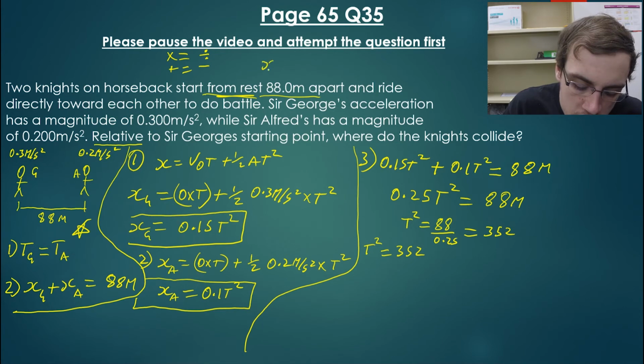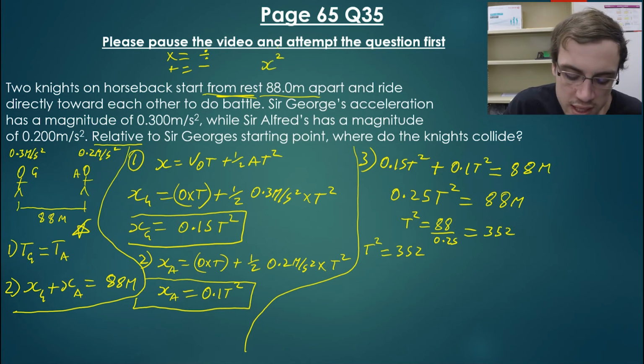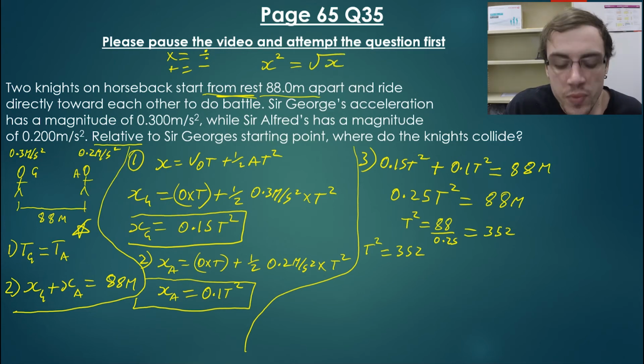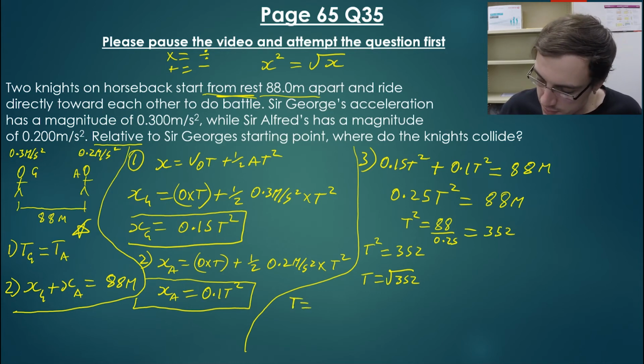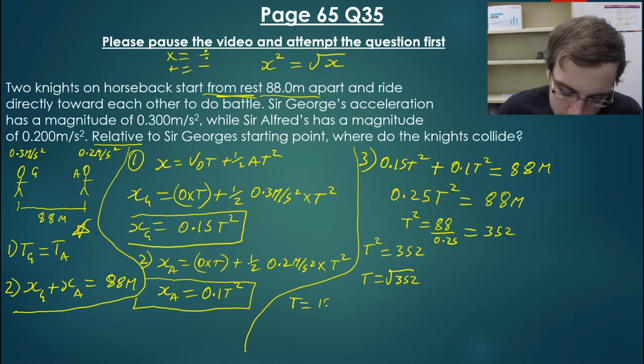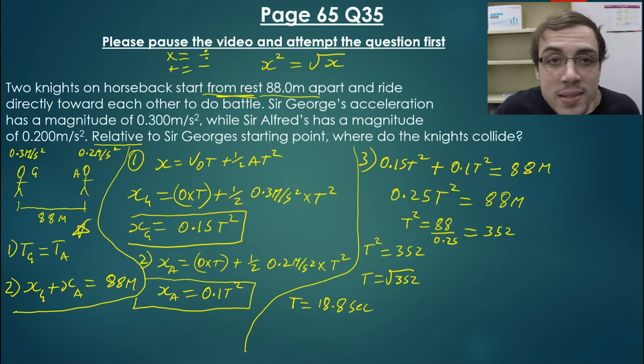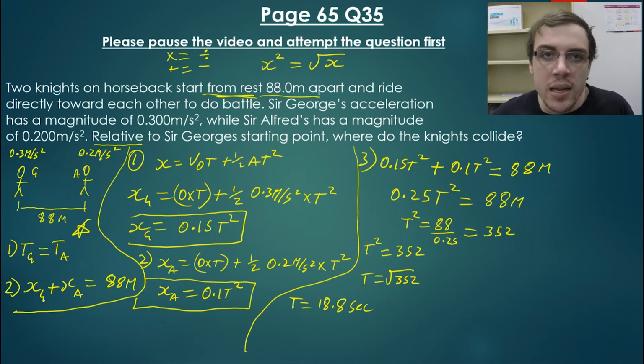The opposite to an exponent, which is this, is going to be the square root. So that means t is equal to the square root of 352. If we punch that into our calculator, we get 18.8 seconds. What this means is it's going to take 18.8 seconds for these two people to clash.